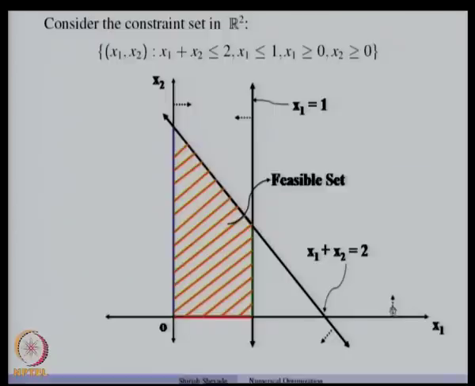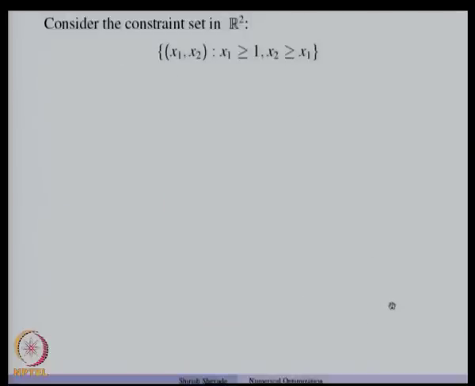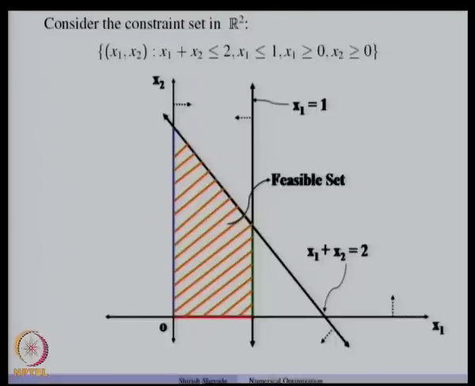So, x1 non-negative means all the points on the right side of the x2 equal to 0 axis, and x2 greater than or equal to 0 means all the points which are above the x1 equal to 0 axis.